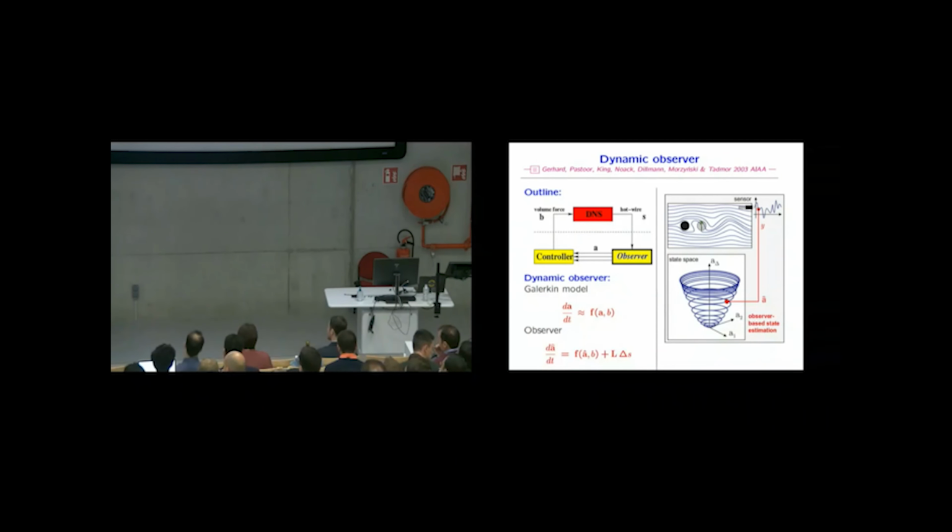If our predicted sensor signal is different from the sensor signal we measure, then we have to do something, and we add a linear term. Now there exist some tricks to determine the L in such a way that the error we make in the estimate of the full state A decays exponentially fast. So this is a dynamic observer, and we can use this essentially to determine the state.